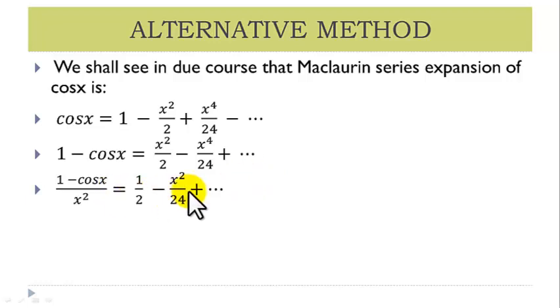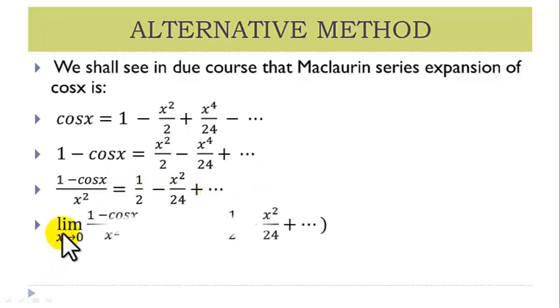Now, taking limit of both sides as x tends to 0, we have the limit of (1 minus cos x) all over x squared as x tends to 0 is equal to the limit of half minus x squared over 24 plus terms in higher powers of x as x tends to 0.